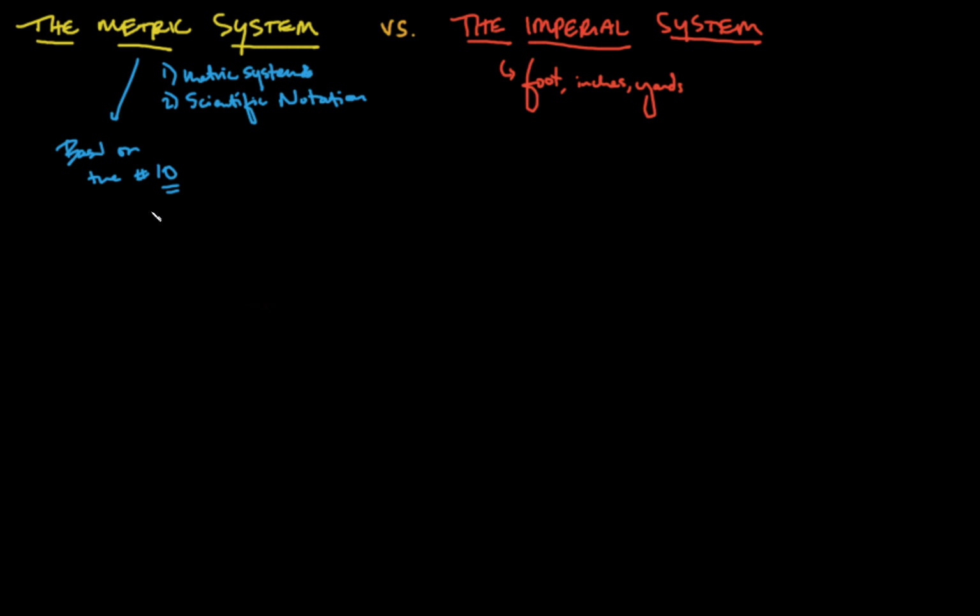If you move the decimal place to the right, you're adding zeros to the end of your number. And if you are moving your decimal place to the left, you're adding decimal places.